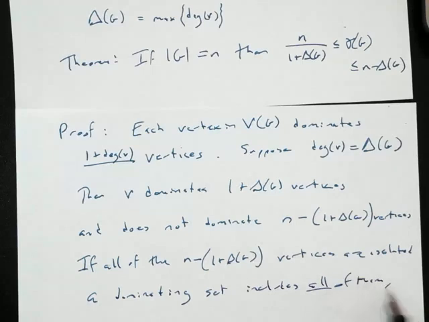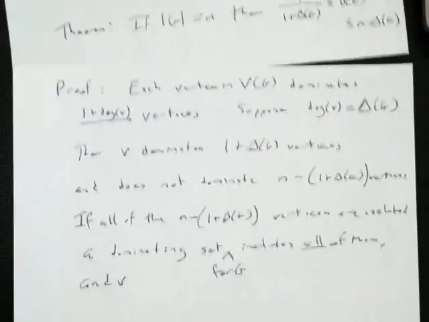The dominating set for G includes all of them, and v.